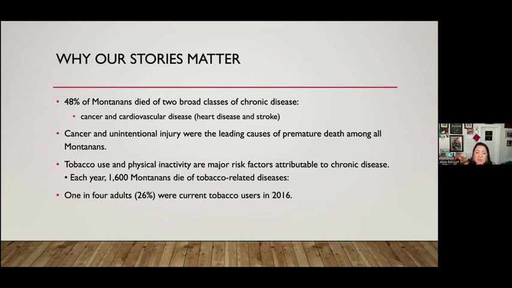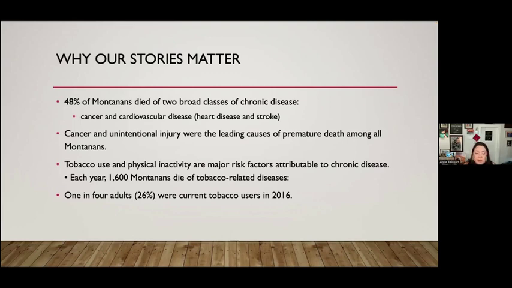Tobacco use is quite high in Montana. I was kind of shocked when I was looking at this. Like 1 in 4 adults in 2016 were current tobacco users. And that seemed high to me, but smokeless tobacco is also included there, right?